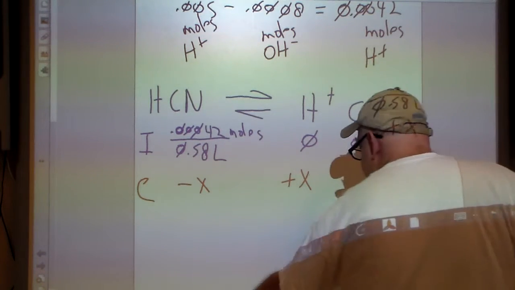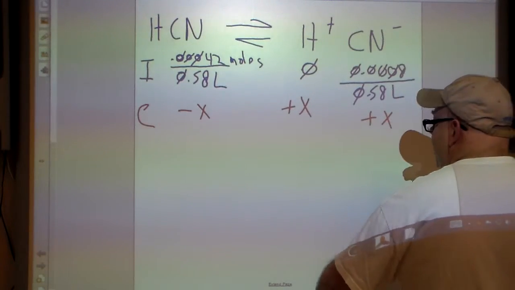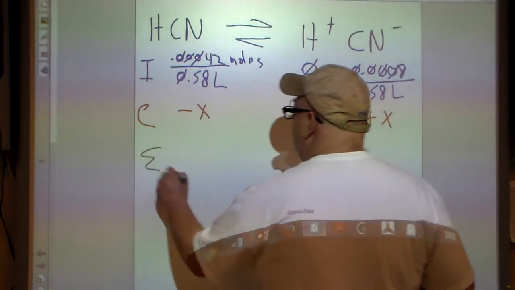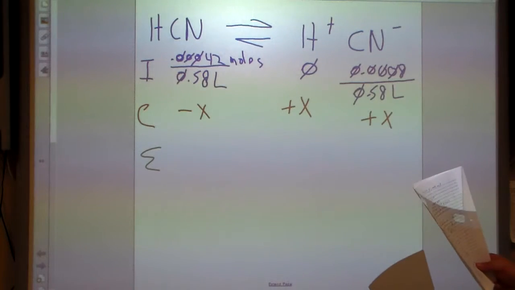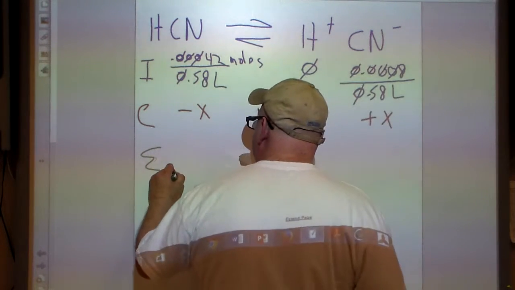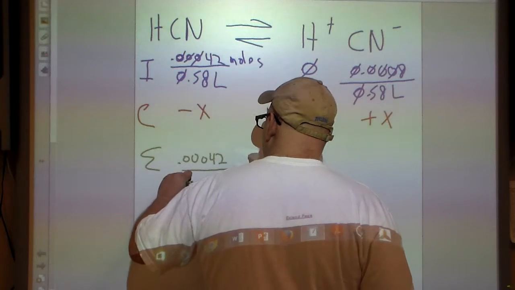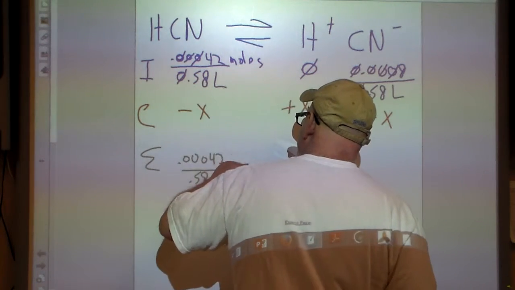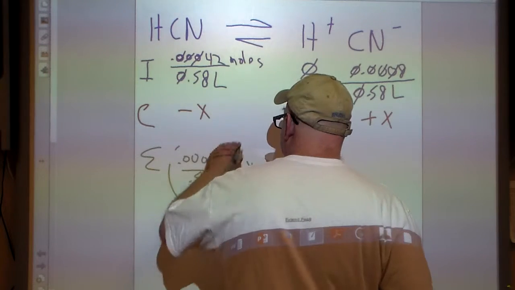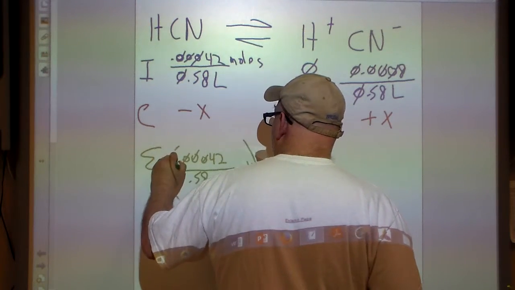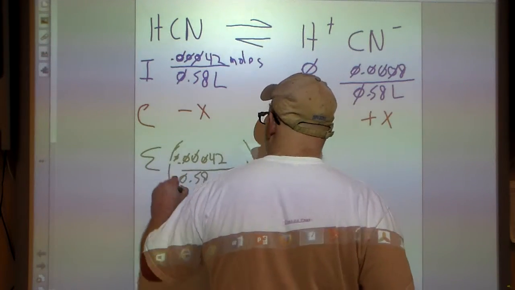Okay? So, with that, ladies and gentlemen, let's look at our equilibrium. What does our equilibrium say? Well, our equilibrium says 0.00042 over 0.58 minus X. That's going to be our concentration here.